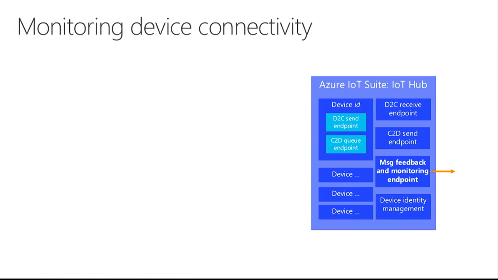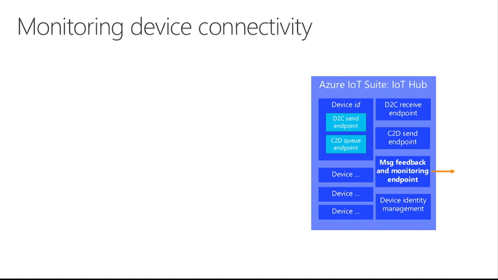Monitoring the device connectivity is the final topic of this presentation, and it is very important for IoT solutions. IoT solutions most often cannot reach the devices besides network connectivity.